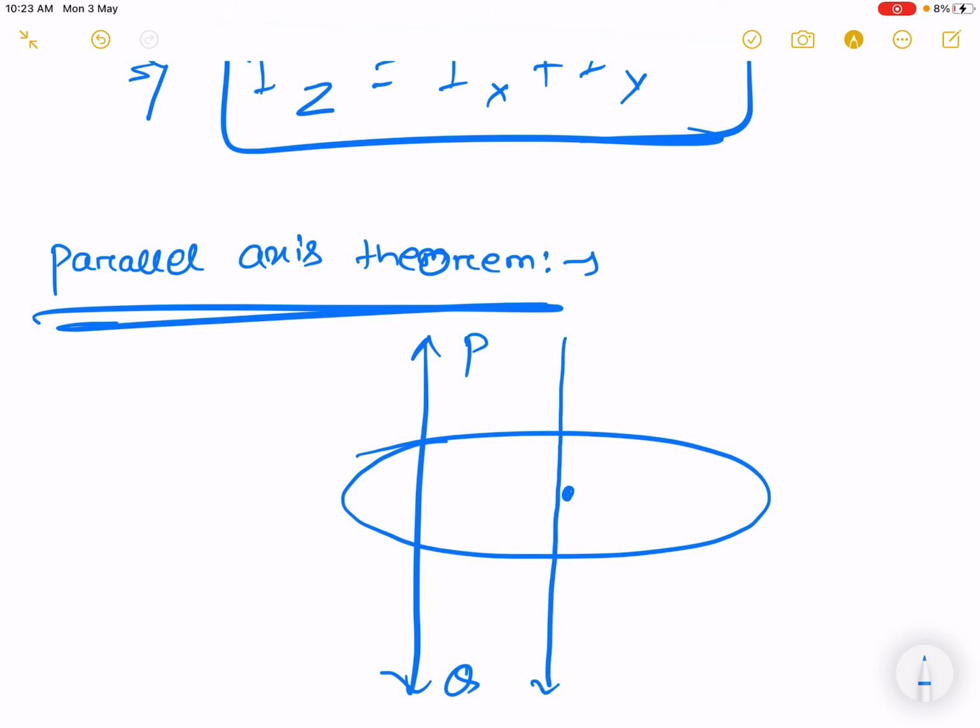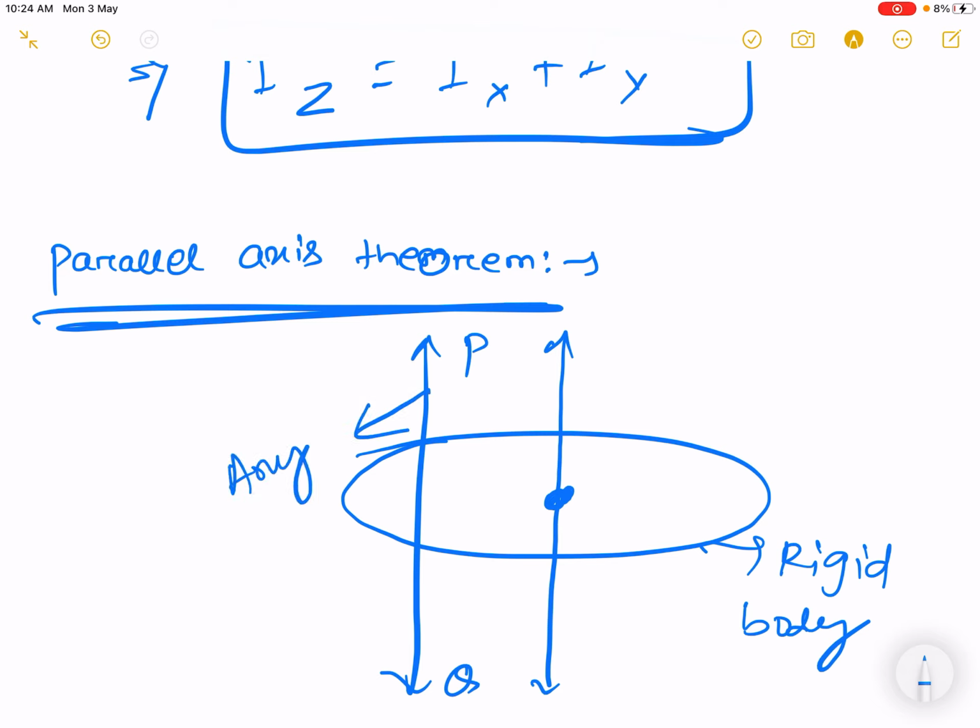According to parallel axis theorem, the moment of inertia of a rigid body about any axis, that may be inside the body or outside the body, can be calculated by applying parallel axis theorem. The moment of inertia about PQ axis is equal to moment of inertia about RS axis plus distance between two parallel axes. Since these two axes are parallel to each other, we may apply parallel axis theorem.